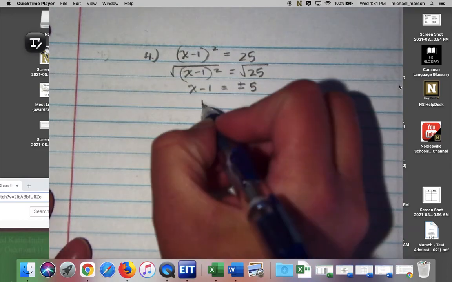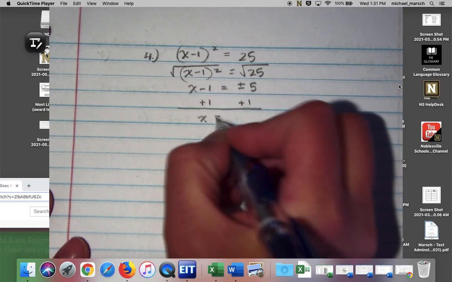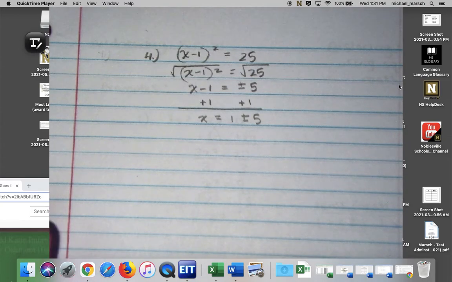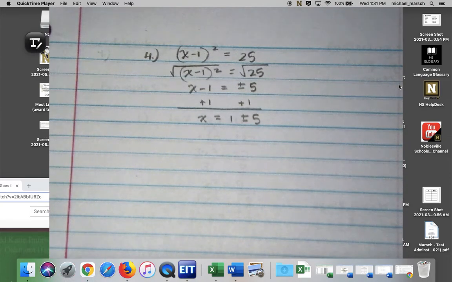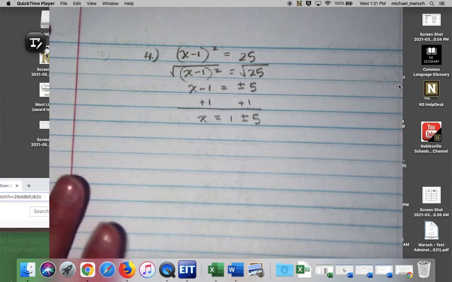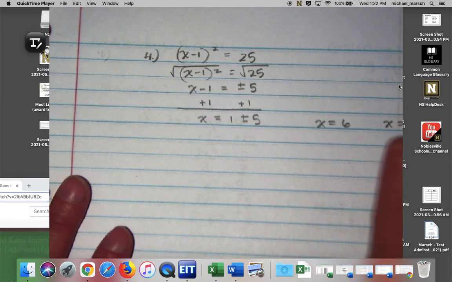So now I'm going to add 1 to both sides. And I'm going to get x equals 1 plus or minus 5. Okay, so my two roots are x equals 6, x equals negative 4.